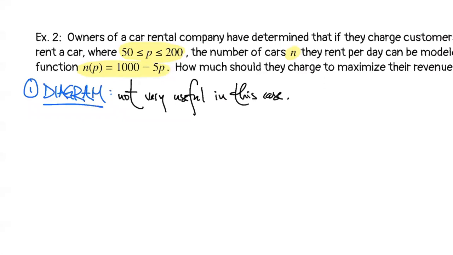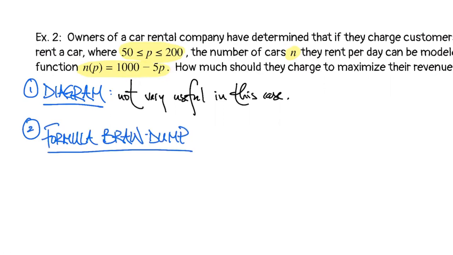Well, if it's not very useful, then maybe we jump to step number 2. And for better or for worse, the formula brain dump, I think, is really going to be where we get a lot of our information.